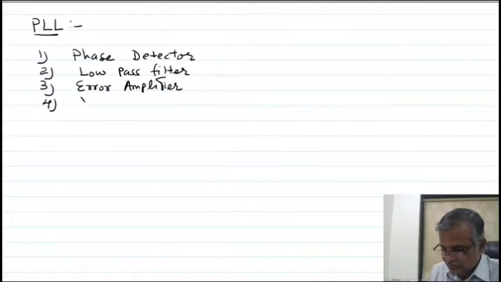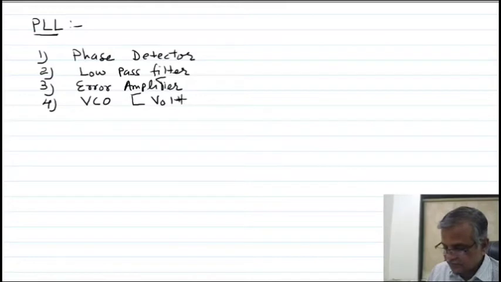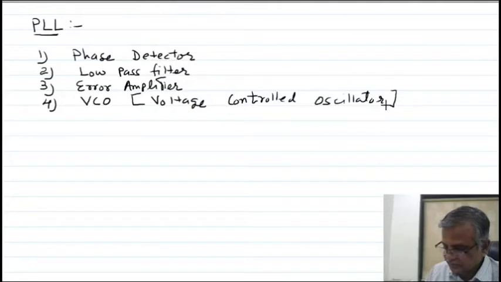Fourth is a voltage control oscillator, called VCO. The phase detector is also known as a comparator.